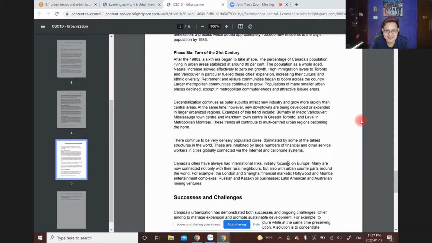Hollywood and Mumbai entertainment complexes. Do you know that a lot of Canadian artists actually come to America for better chances in their career? Including Avril Lavigne, you know her? Justin Bieber, oh, Justin Bieber, I know. Before him is Avril Lavigne. She's one of the most popular artists around your age and my age too.